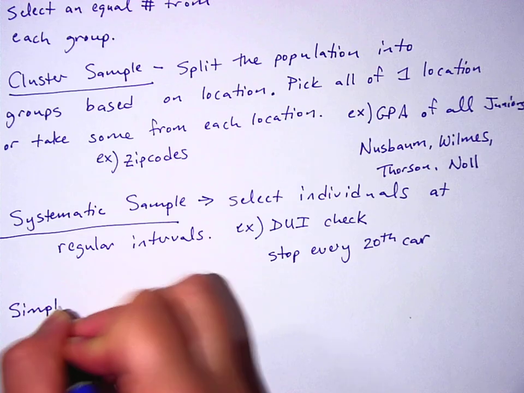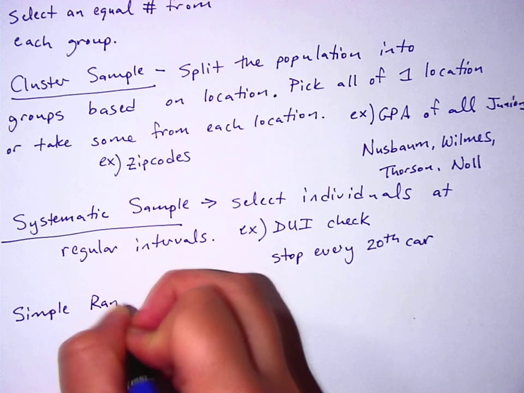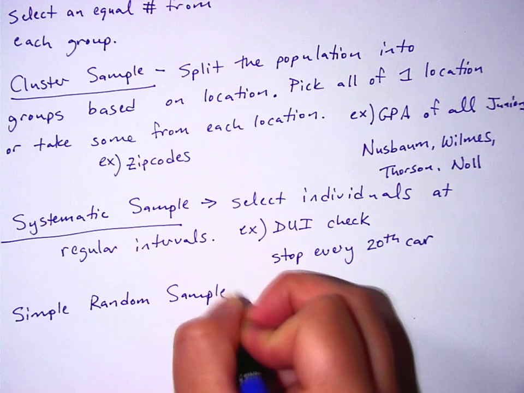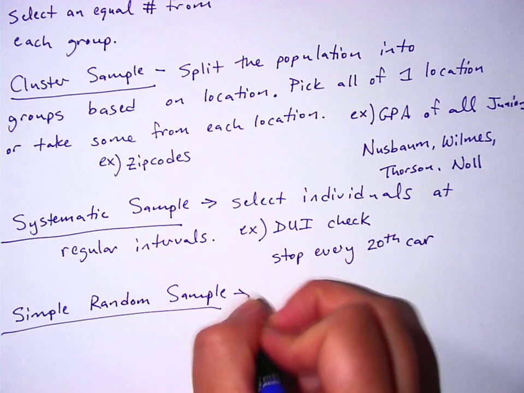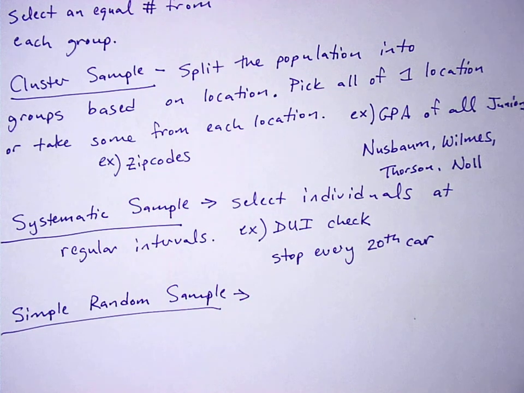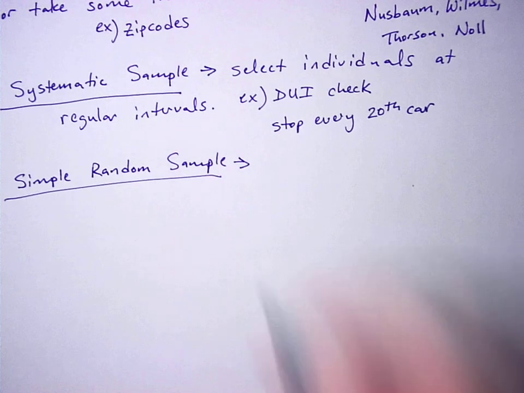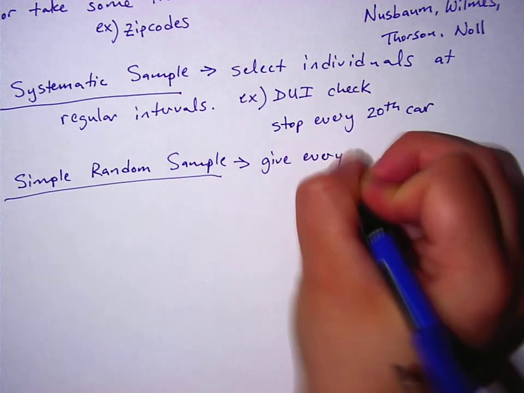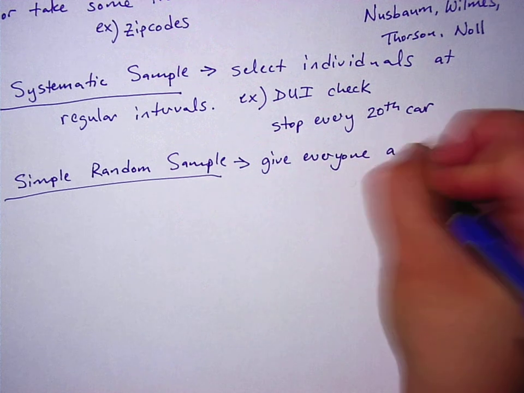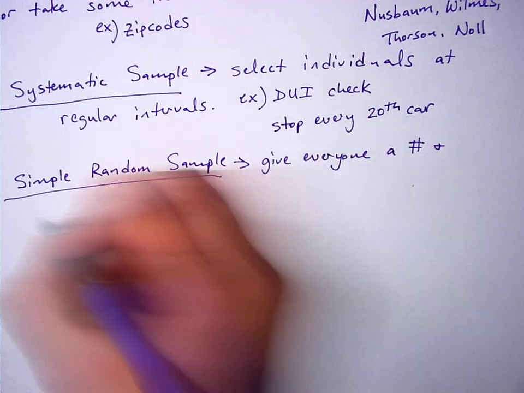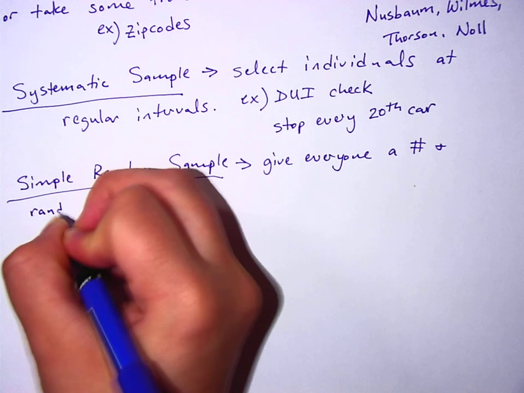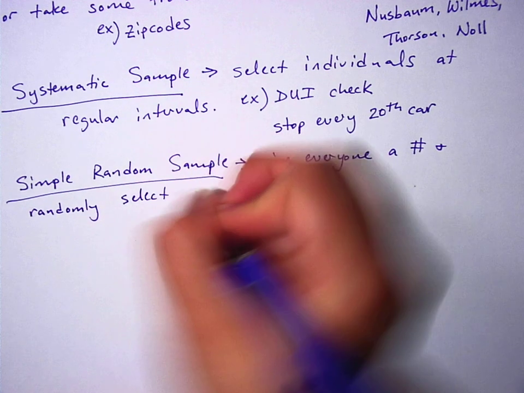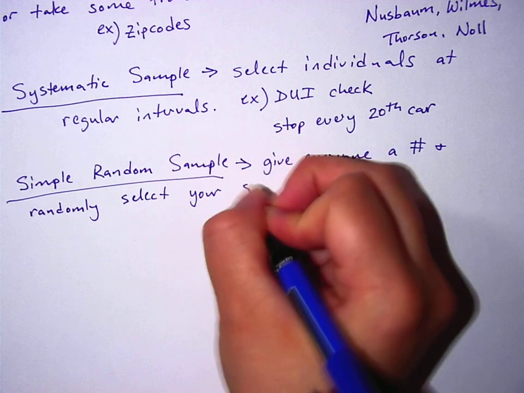A simple random sample is exactly what I do in class to give away prizes. You give everyone a number. And randomly select your sample.